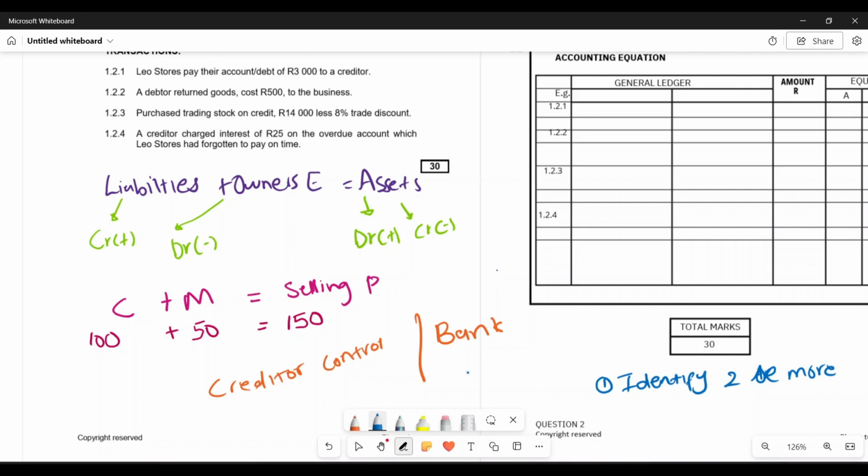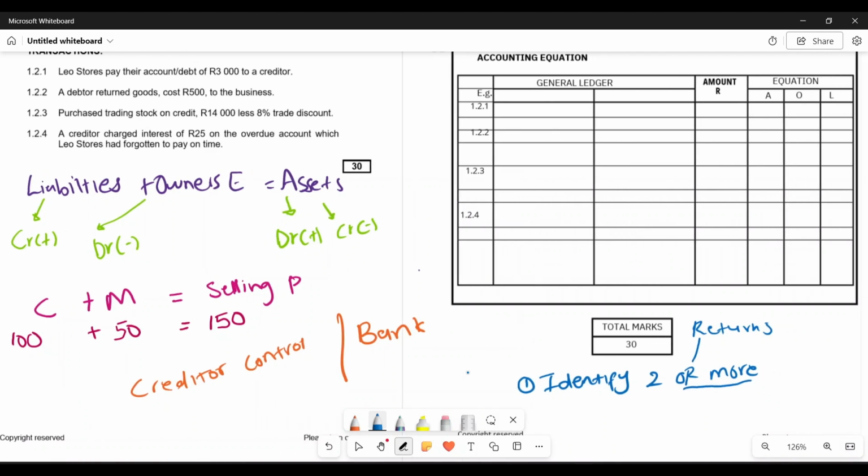Just to simplify this, whenever there are returns, this is where more than two accounts would be affected, right? But in any other transactions, only two accounts are going to be affected. When you have returns, to be precise, four accounts would be affected. And remember, any other transactions, only two accounts would be affected.